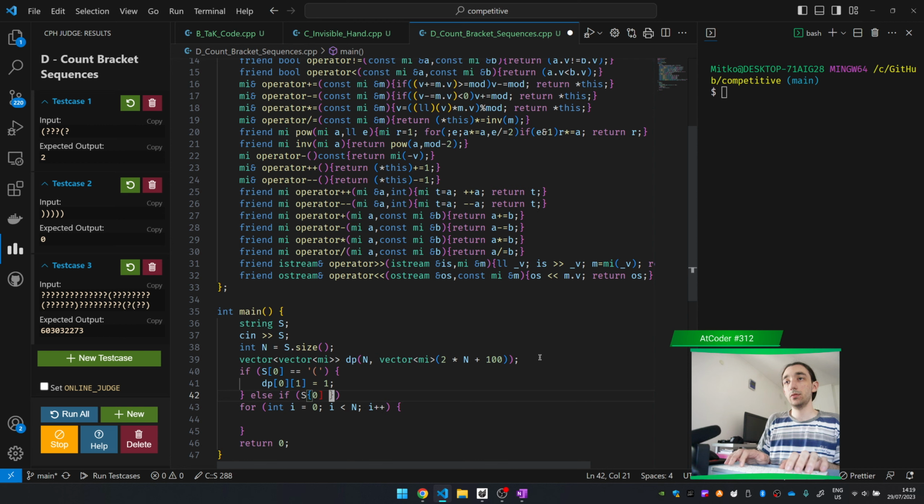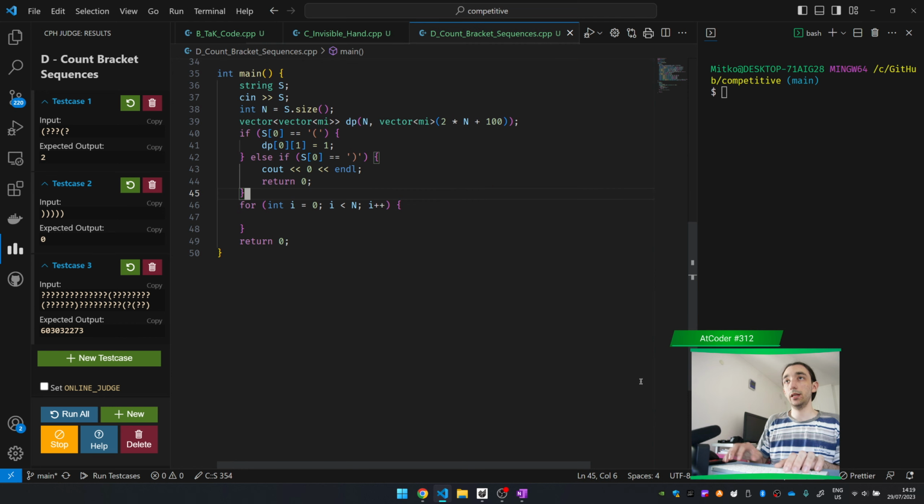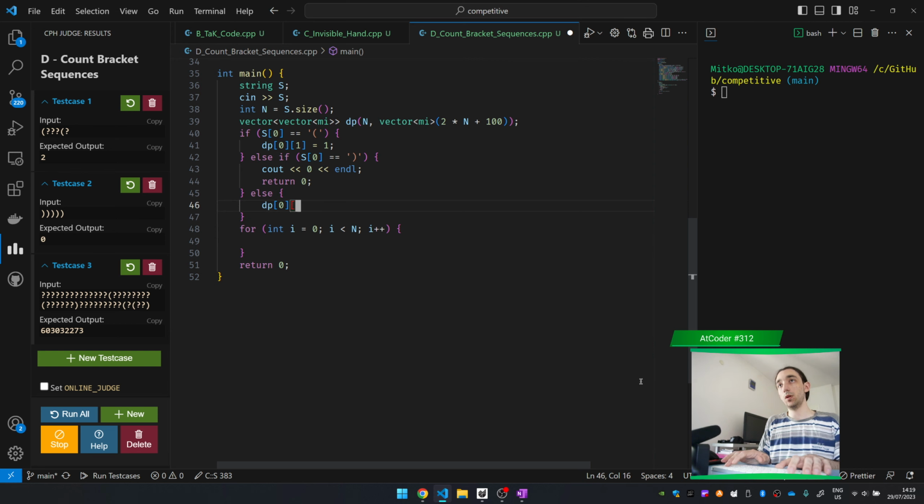Else if s of 0 is a closing bracket, then this is not possible, because we're already in a negative balance. Else, it's a question mark, which means dp of 0 1 is 1 again.